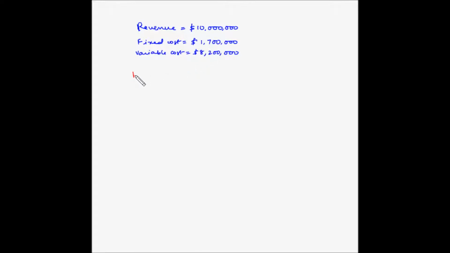Now, the budgeted operating income is equal to the total revenue minus the total cost. Now the total cost can be broken down into two components, fixed cost and the variable cost.